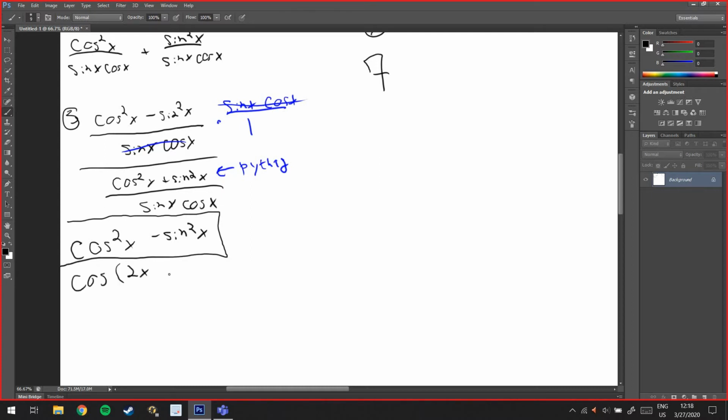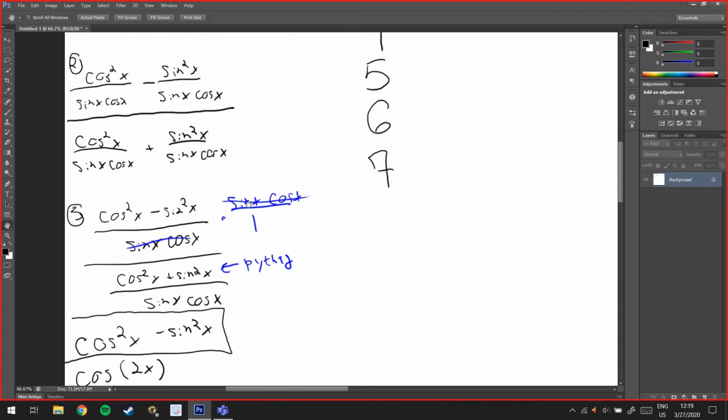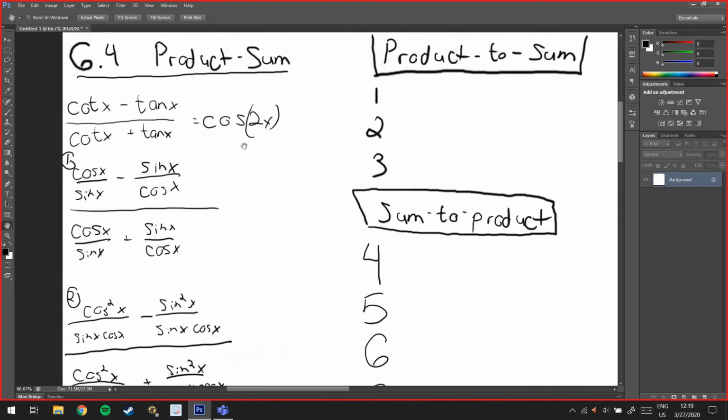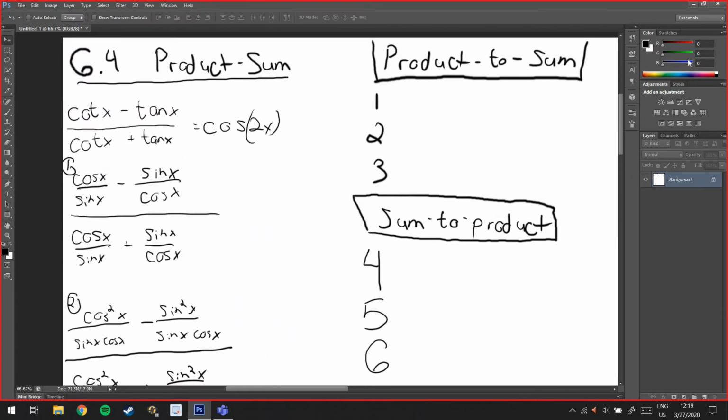This is something you would be given on any assessments you have, so this isn't something you'll have to sit here and memorize. As soon as you see this form, you'll know, oh, I have from my paper it's cosine of 2x. Which is exactly what we wanted it to equal. So this is true.